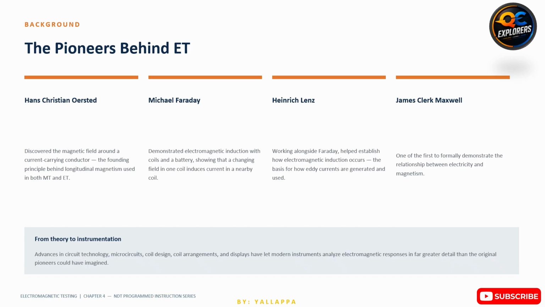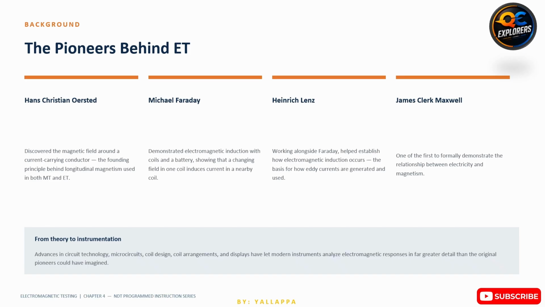Finally, we have James Clerk Maxwell, who unified the theories of electricity and magnetism into a complete mathematical framework known as Maxwell's equations. His work provided the theoretical foundation that engineers still use today to design electromagnetic equipment, antennas, transformers, and inspection instruments.